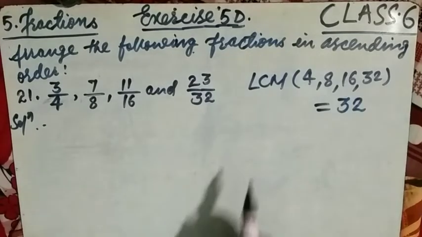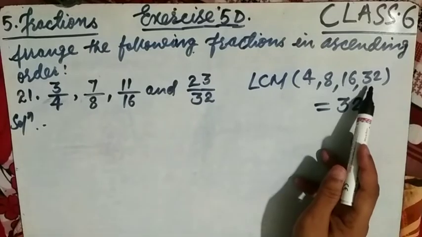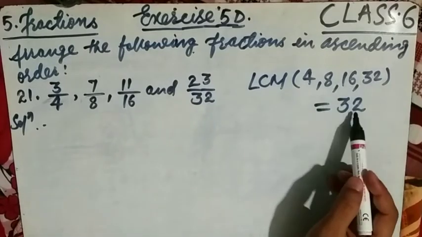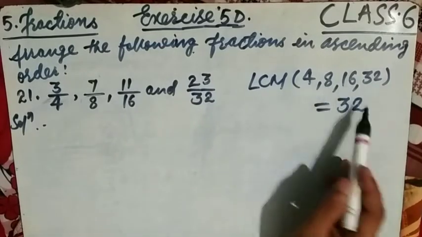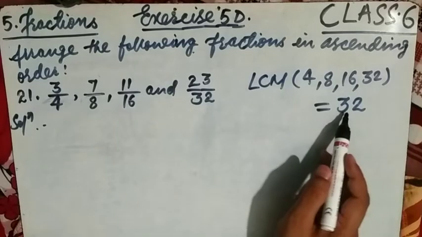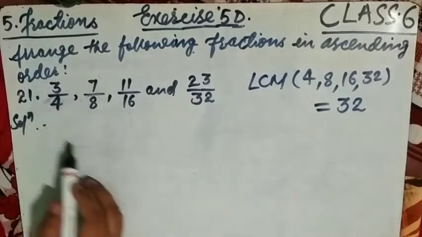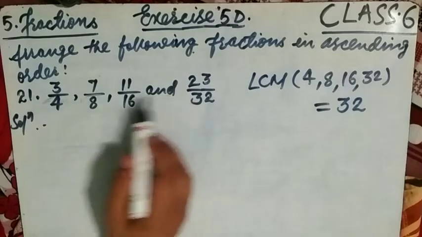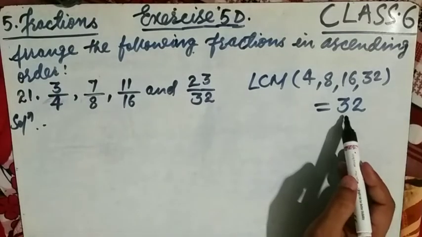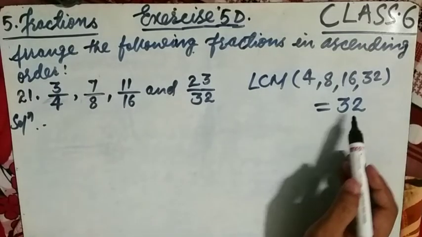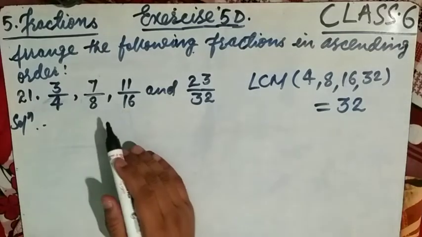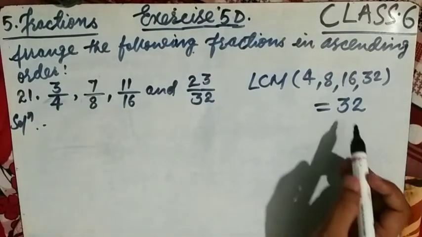We have taken the denominators 4, 8, 16 and 32. The LCM of 4, 8, 16, 32 is equal to 32. You can easily find it and check whether it is correct or not. Since the LCM is 32, we are going to change all the fractions to denominator 32, that is, into like fractions.